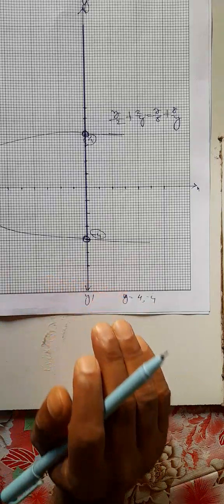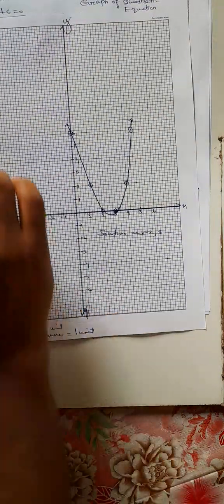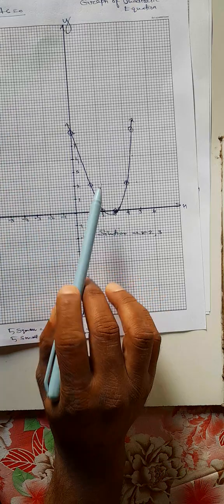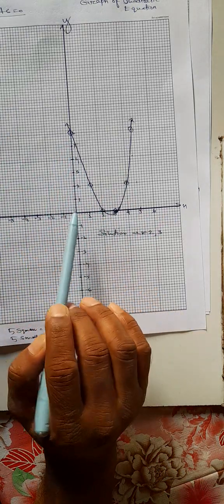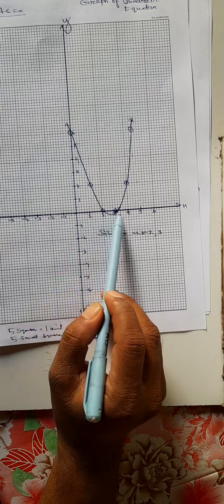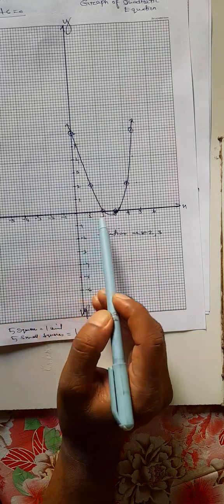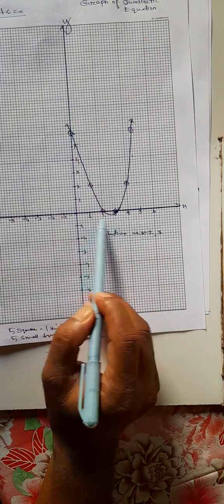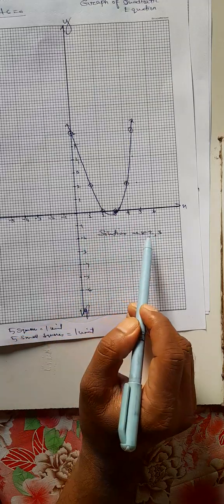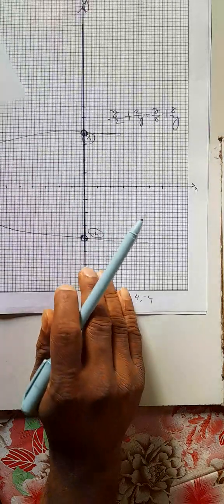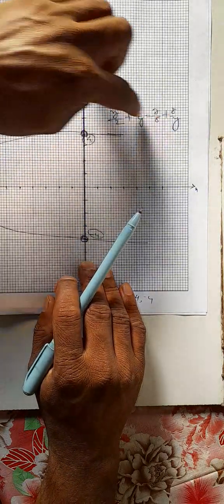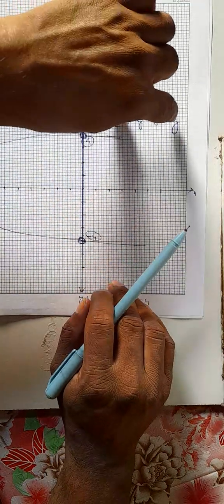In the earlier equation, it was an equation in x, x square minus 5x plus 6 equal to 0. The graph of this equation intersects the axis in two different points, and the abscissas of these points are the solutions of this equation. Abscissa of the first point is 2, second point is 3. So x equal to 2 and 3 are solutions. And this second equation is an equation in y.